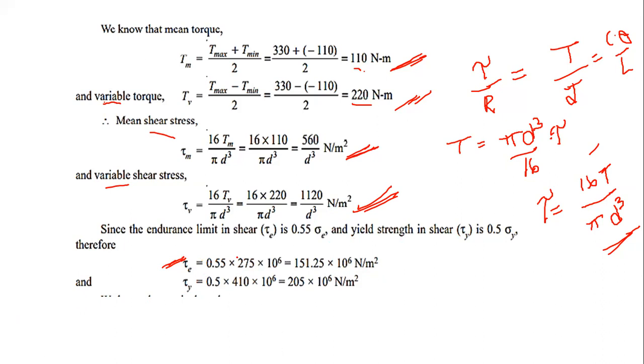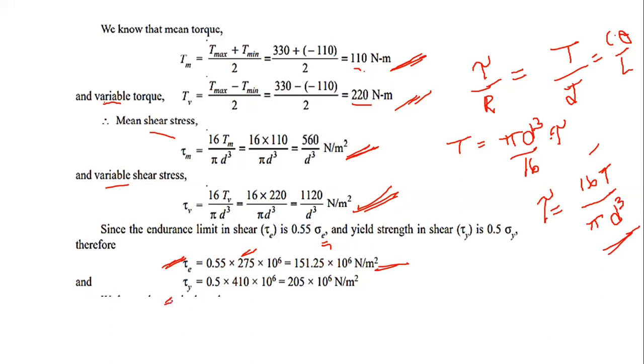Sigma E into Ks is the formula for tau E. Already we know the value of sigma E. Sigma E equal to 275. This value is given in the question. 0.55 into sigma E equal to 151.25 into 10 power 6 Newton per meter square. This is the value of endurance limit for shear.